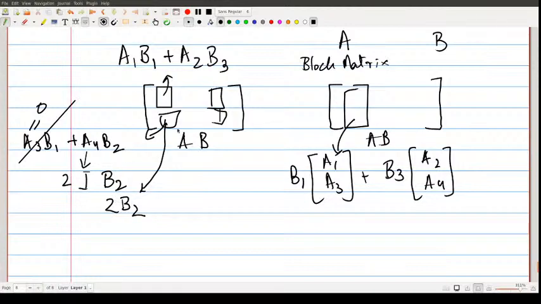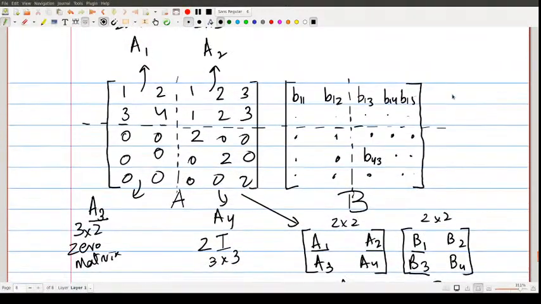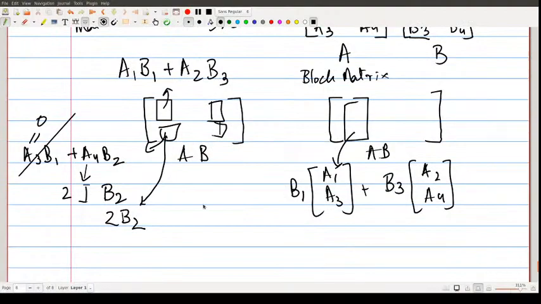And so this matrix multiplication has been simplified. If the result is a 5 by 5 matrix, then this entire chunk is a 3 by 2 chunk, right? So there is a 3 by 2 chunk here, which is just 2 times B2, right?